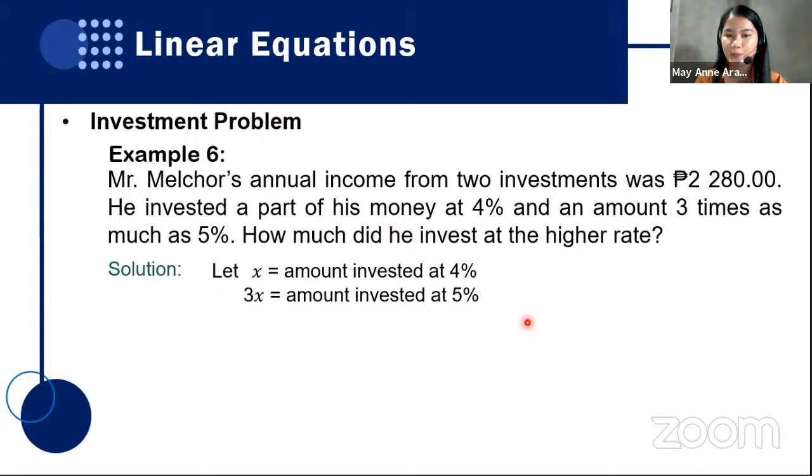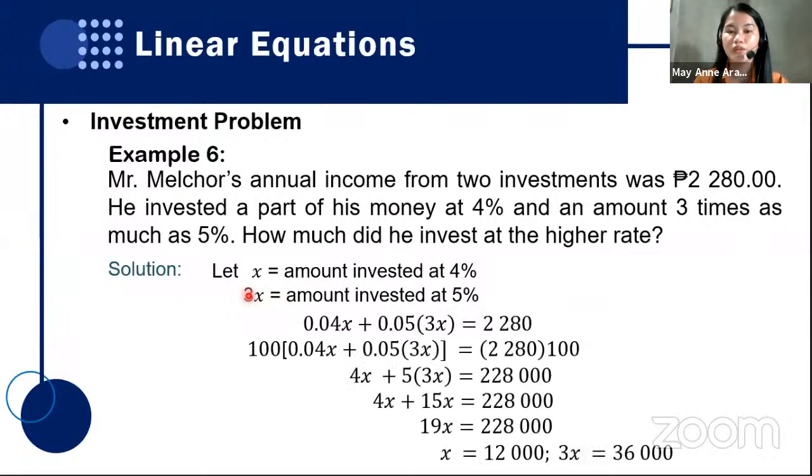And let x be the amount invested at 4%, since according to the problem, the amount is 3 times as much. So we will represent this amount invested at 5% as 3x. And just solve. O, ka-identify naman yung annual income from the two investments, which is 2,280.